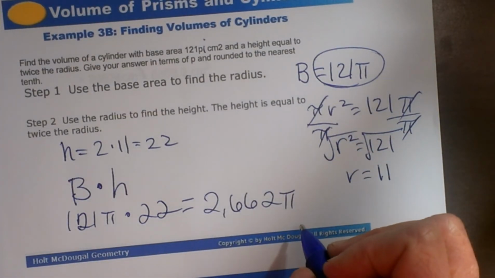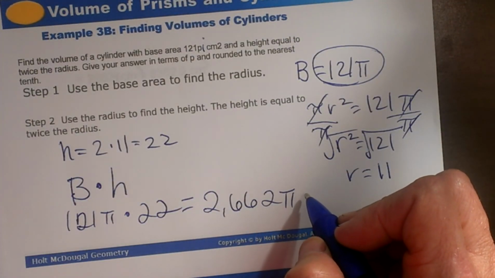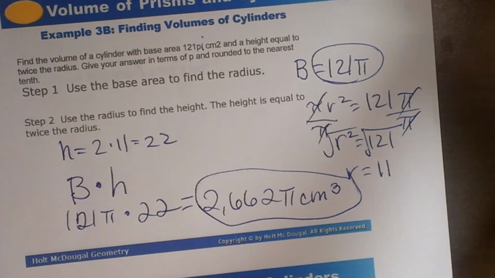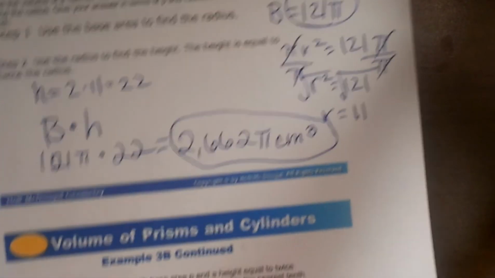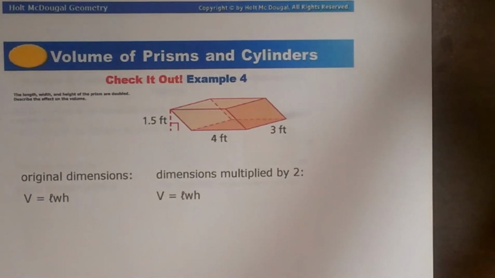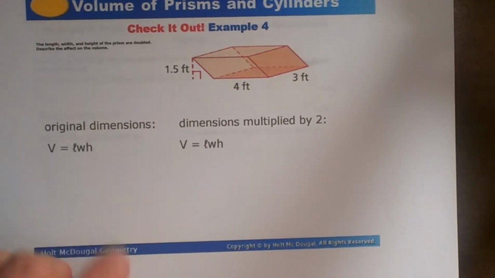Don't forget your pi. Leave it in terms of pi, and then this would be in centimeters, and it's volume, so it is cubed. Okay, so that was a working backwards one, which we're going to have to do a few of to kind of work backwards towards. Okay, this sheet just has some answers on it, but let's keep going.